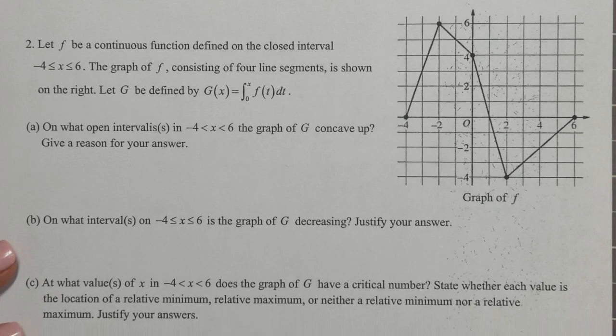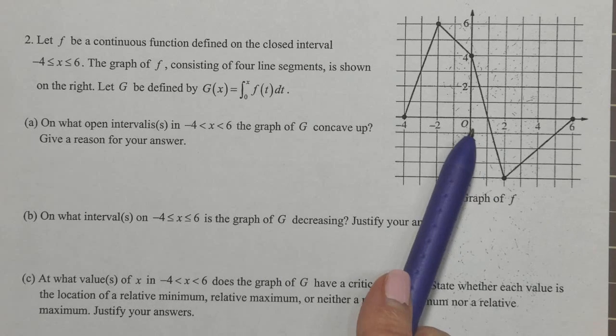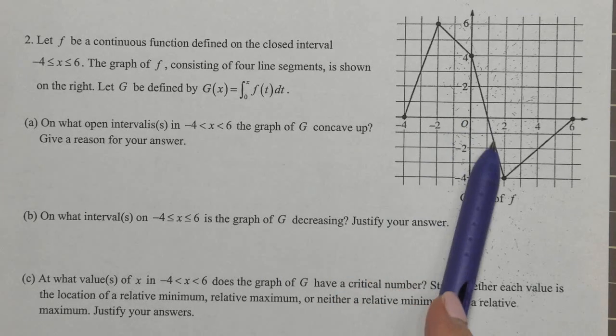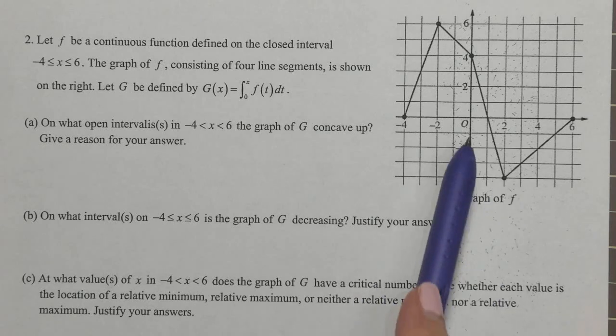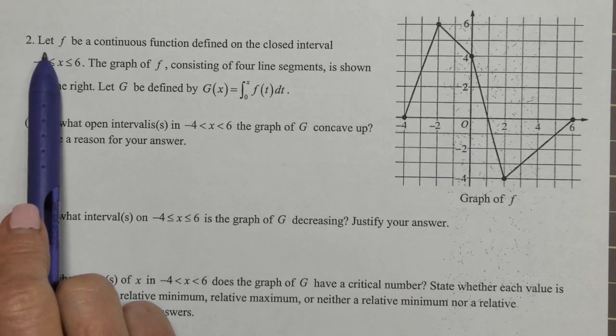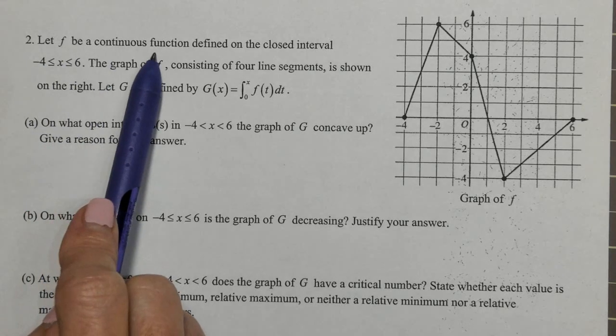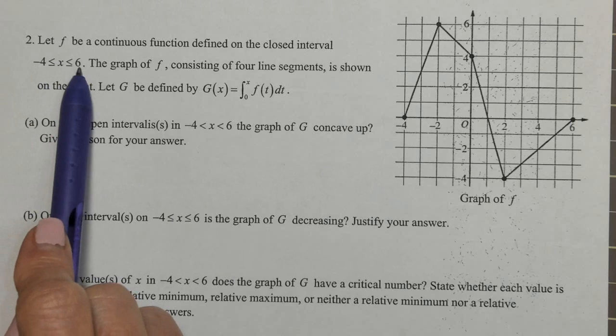Okay. Alrighty. Number 2. The next type of problem you will see covering these concepts is a graphing one, where I don't give you the equation of a function, I give you the graph of a function. Let f be a continuous function defined on the closed interval -4 to 6.